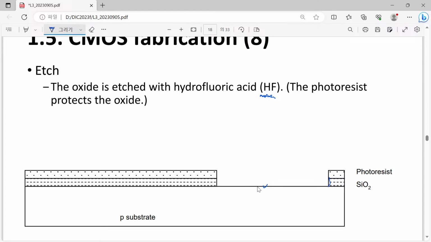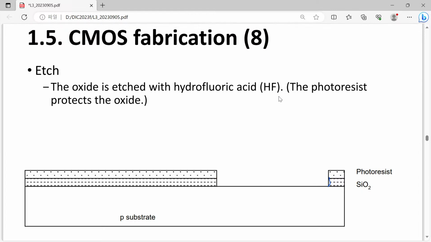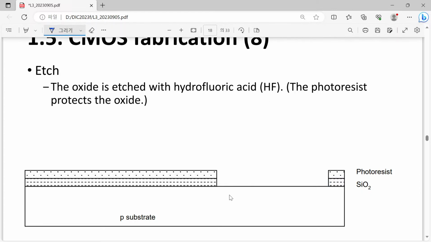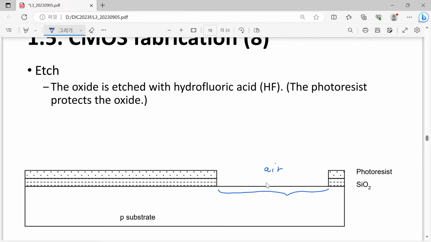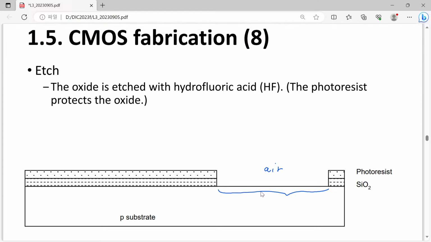Okay, so now after this kind of procedure, we have a bare wafer exposed to the air, and the rest is protected. So now we can do something selectively only for this open window.